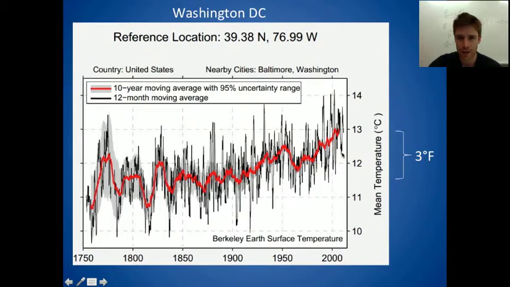And it was even cold relative to years in the early 1900s. Say like in the 1930s perhaps, it was a lot warmer than in 2008 in Washington, D.C. And it's because of this issue of warm air masses and cold air masses kind of moving around the surface of the Earth and causing weather at any given location.